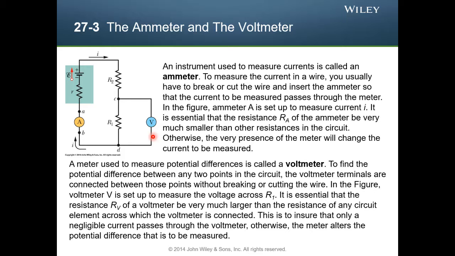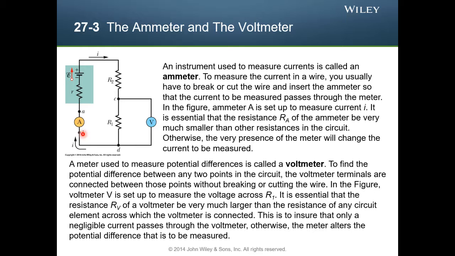Otherwise, it would change the operation of the circuit. In other words, the voltage meter should have a very large resistance, or ideally, infinite resistance, so that no current goes through the voltage meter. So that's for the voltage meter.